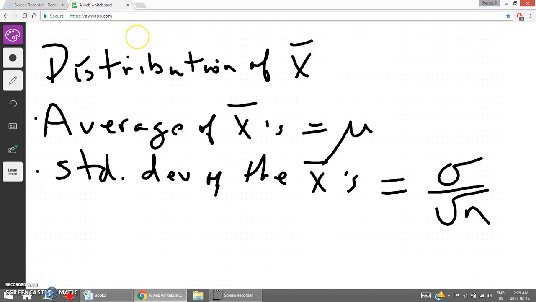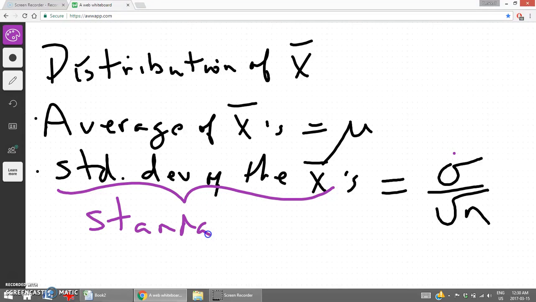So we have to differentiate between the population standard deviation and the standard deviation of the sample means, which is more easily referred to as the standard error. Standard error, also known as the standard deviation of the sample means.